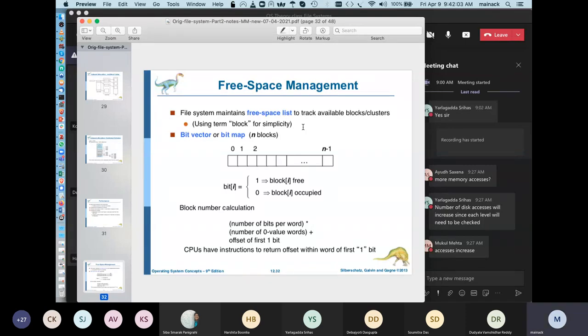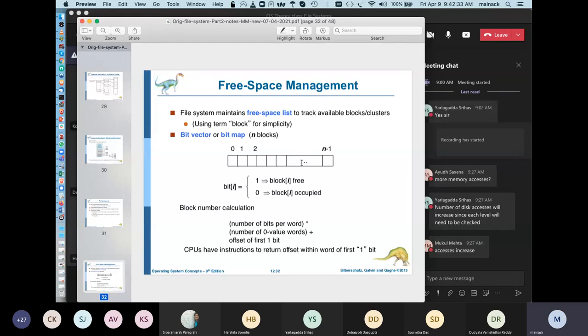Quite frequently, this free space list is implemented as a bitmap or bit vector, where each block is represented by one bit. If the block is free, the bit is 1. If the block is allocated to a file, the bit is 0. The main advantage of this bitmap approach is its simplicity, just 1 bit per block, and its efficiency in finding the first free block or n consecutive free blocks on the disk.